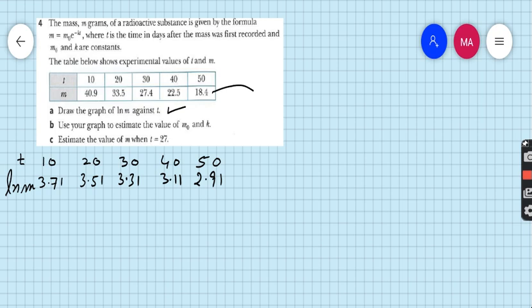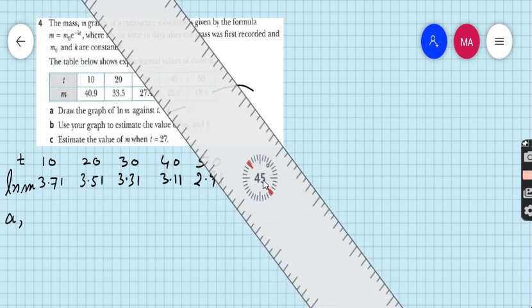Next, we have to plot the graph. Part A: draw the graph of ln m against t. So first we have to draw our x and y axis.